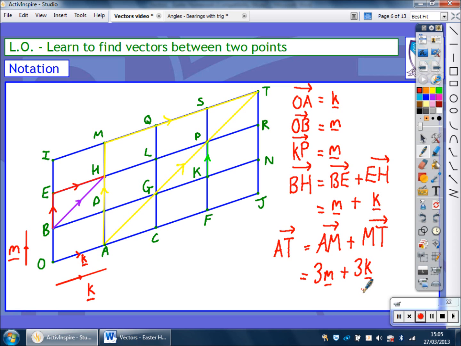I could have also gone A to C to G to K to P to R to S. It's a little bit more haphazard, but let's see if we get the same thing.